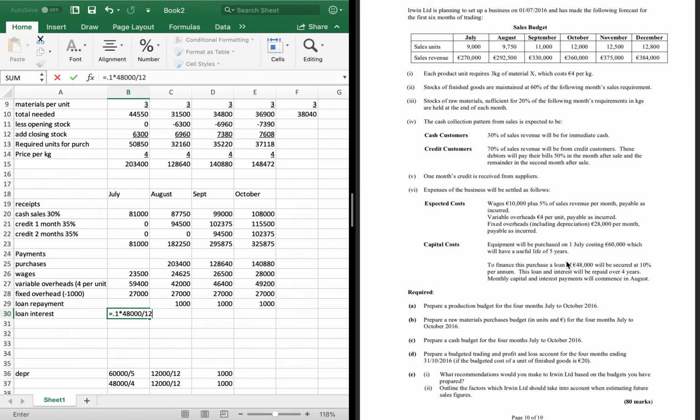So 1 month's interest will be 400. The second one, it'll be 10% of 47,000 divided by 12, which is, just check that.